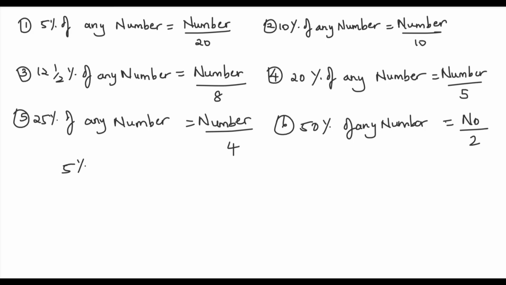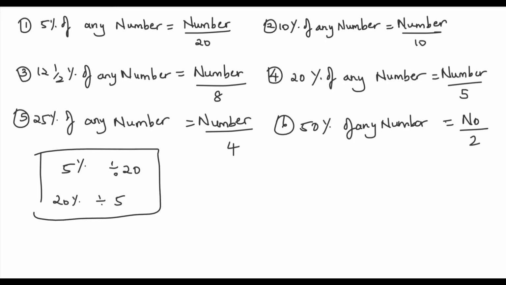Whenever you are solving for 5% of any number, divide by 20. If you are doing it for 20%, divide it by 5. These two go together. And if you are doing 12.5%, divide by 8. 25%, divide by 4. 10%, divide by 10, and 50%, divide by 2.